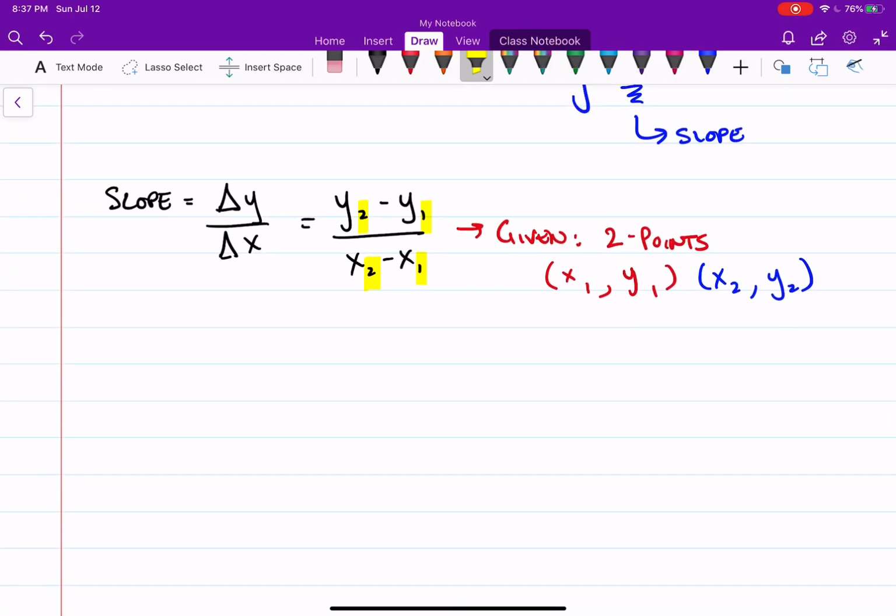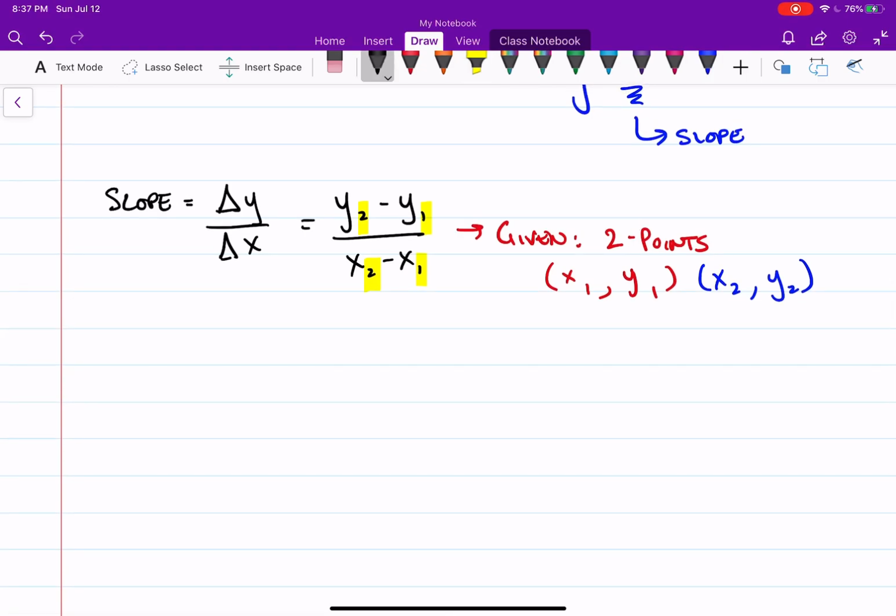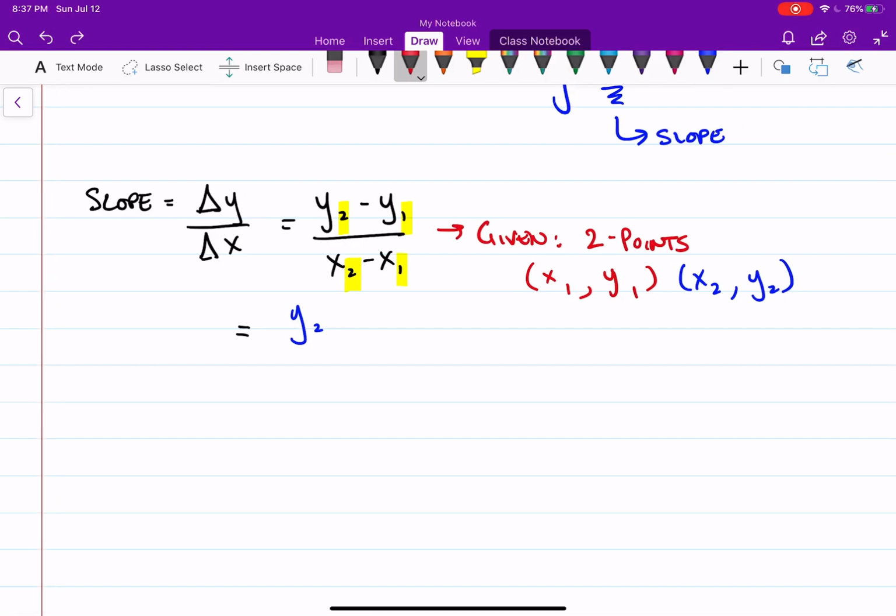In other words, how about if I put it this way? I could say that the slope is either equal to y2 minus y1 over x2 minus x1.